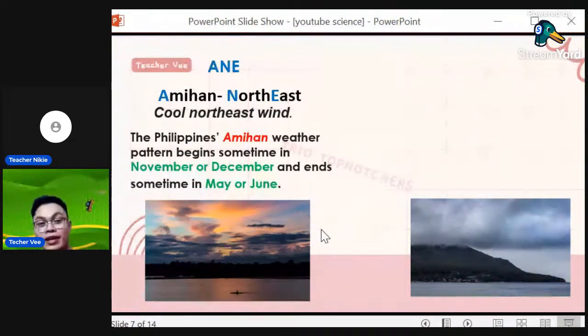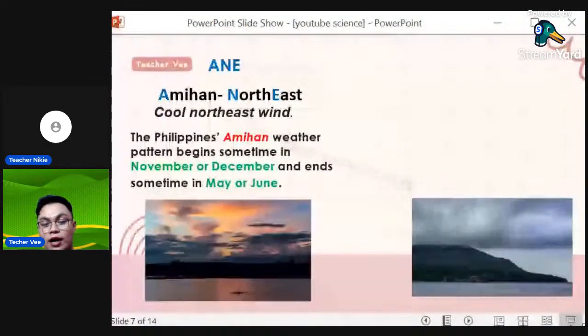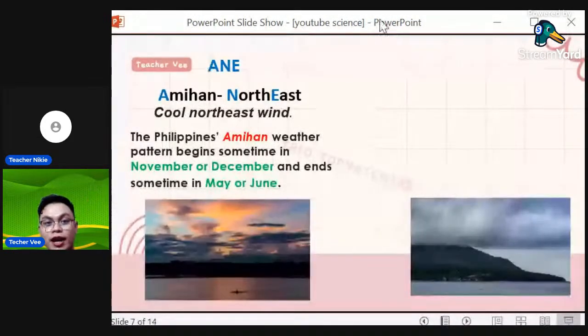Yung lamig ng hangin. Hindi lamig dahil wala kayong jowa dyan. Okay, kundi lamig ng hangin. Okay? So, hindi kagaya ng mga jowa nyo dyan or mga kachat nyo na sobrang cold na, no? Si Ani, Amihan Northeast. Okay, so iyan po yung shortcut natin dyan.